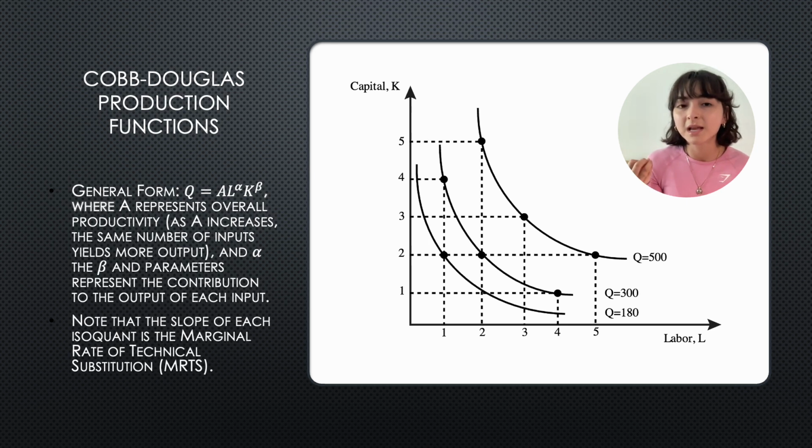So this makes intuitive sense, being that increasing or decreasing labor will mean that capital will need to be increased or decreased, and MRTS is telling of the ratio at which that will occur to maintain the same level of output. So that means that any combination of labor and capital inputs that result in a higher or lower level of output will lie on a different isoquant curve. That's why the MRTS will be the absolute value of the slope of any isoquant curve.